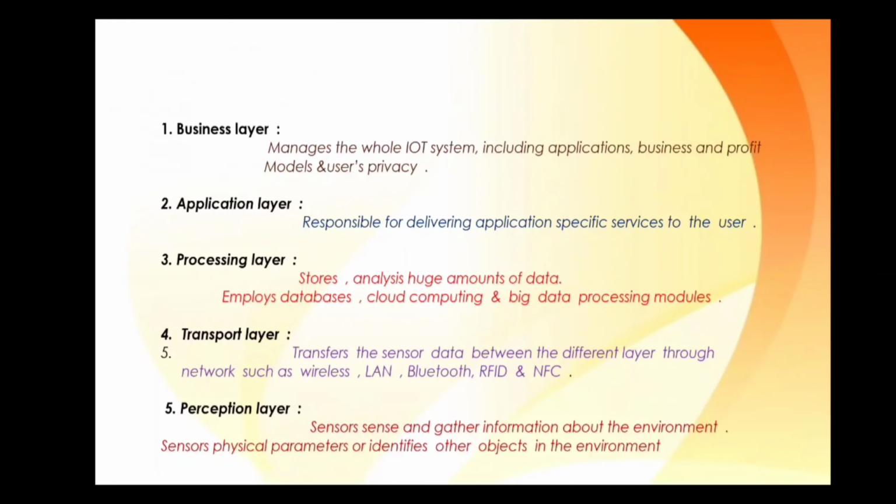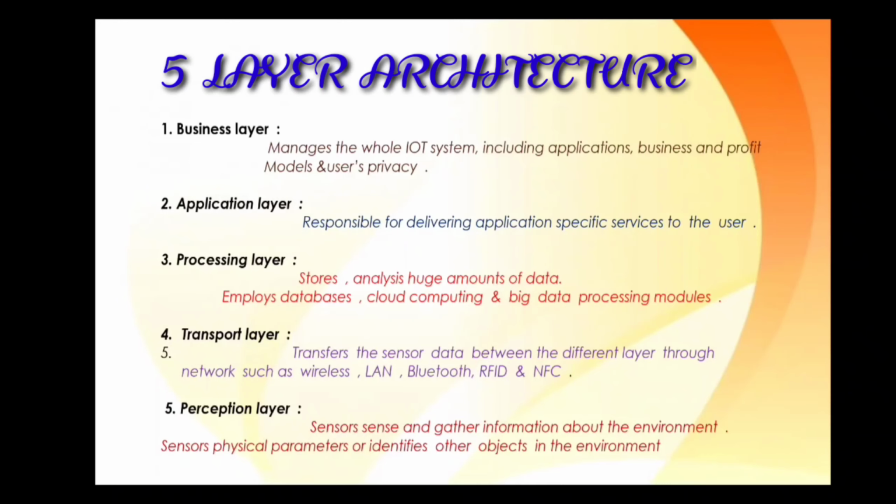And then there are different layers appearing here. This is the 5-layer architecture of the IoT. First is the business layer, which manages the whole IoT system: applications, business, profit, and privacy also. Then the application layer, which is responsible for delivering application-specific services to the user.